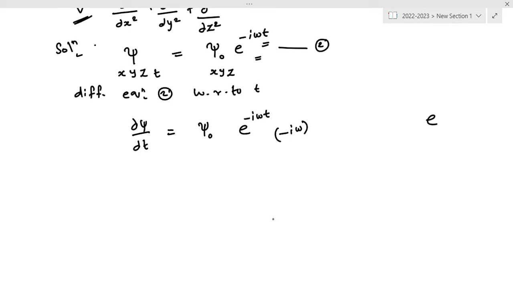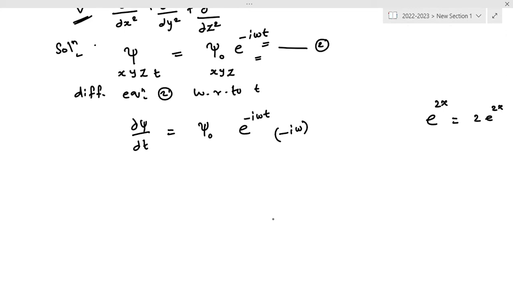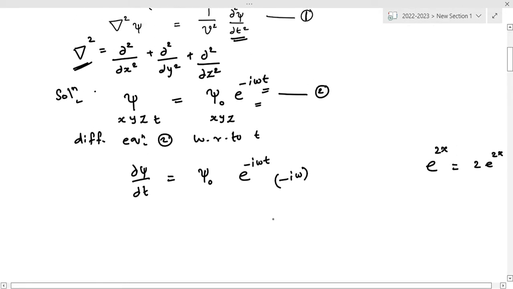Just like e power 2x is differentiated as 2 e power 2x. Now it has to be differentiated again to get del square psi by del t square.